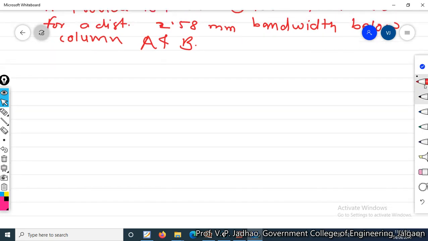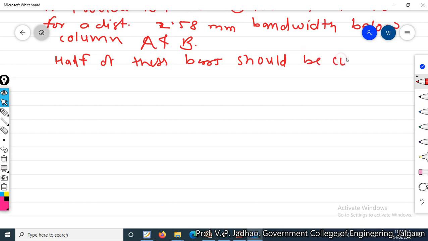And then half of these bars should be curtailed beyond this bandwidth.